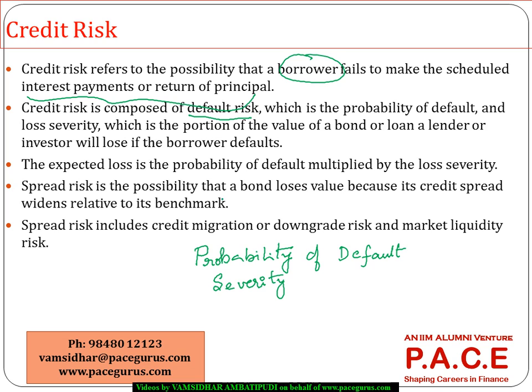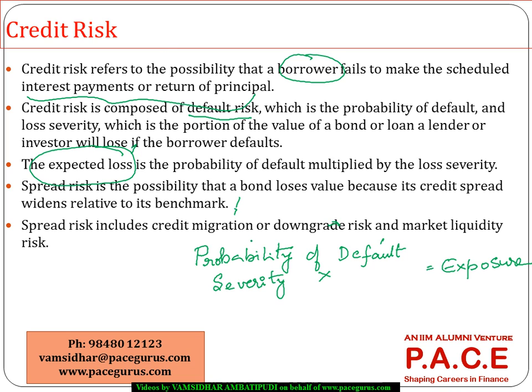So we'll take only these two things, and the multiplication of them is generally what we call the exposure. The higher the exposure, the higher the chance of credit risk. We generally call it exposure, or we even associate a term called expected loss. This number should even be shown as part of the balance sheet items, as a portion of expected loss.